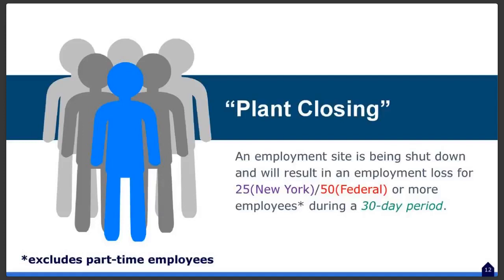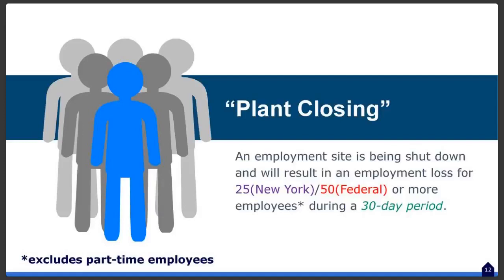So I try to do some color coding here within this slide to make it easy to track, as you'll see in further slides. But the important thing is the site's being closed down and a certain number of employees will lose their jobs or suffer an employment loss, which, as I discussed before, theoretically could include a 6-month layoff or reduction in hours worked.